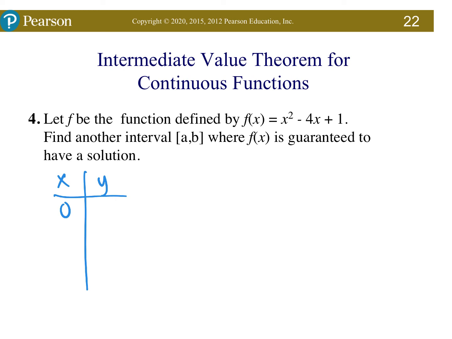When I plug 0 in, I get 1. Then check 1. When I plug 1 in, I get -2. I have now found a range on either side of the x-axis. So my work is done, because you just go until you find 2 values that span the x-axis. Maybe you want to go backwards into negative values. That would be fine too.